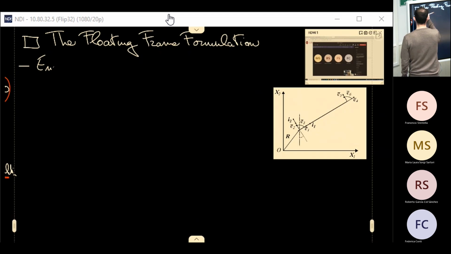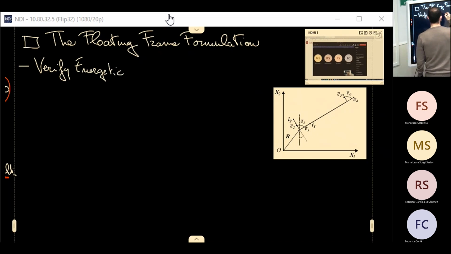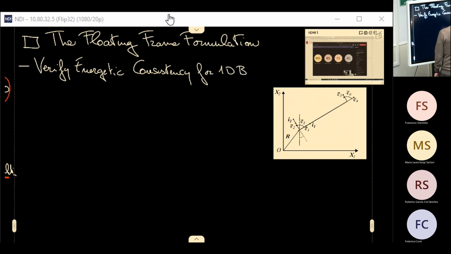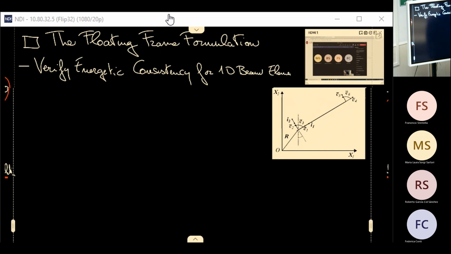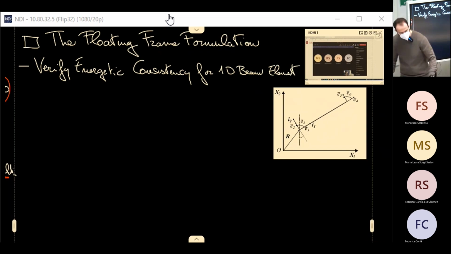Energetic consistency verification for the 1D beam element. So just the same that we were doing before, but now we change approach.